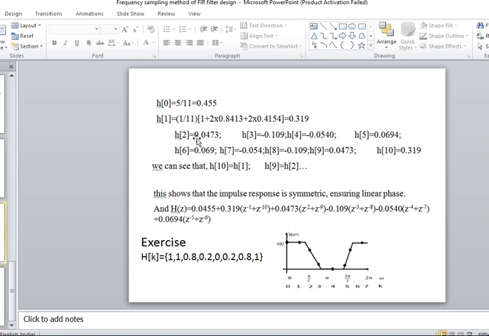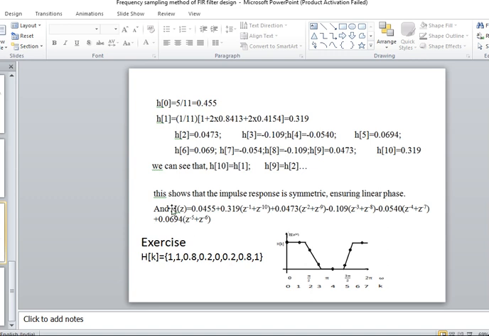Then h2 and h9 are the same, like that. You can see h9 and h2, yeah, like that. So this will ensure linear phase because of this symmetry condition.